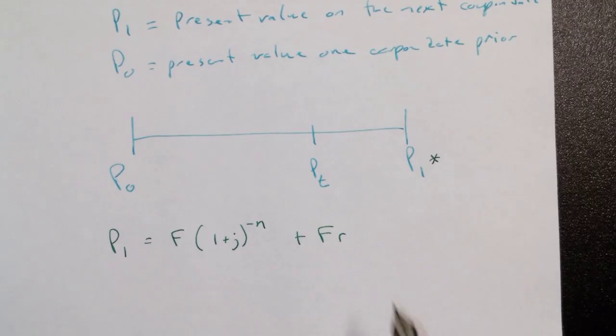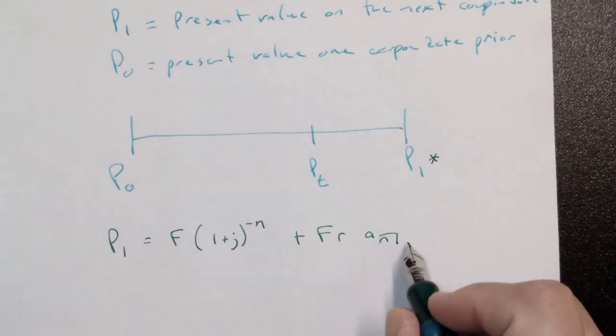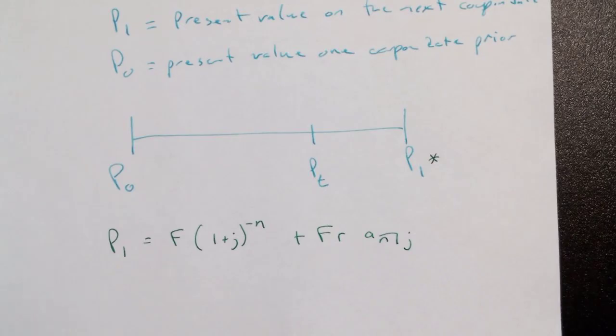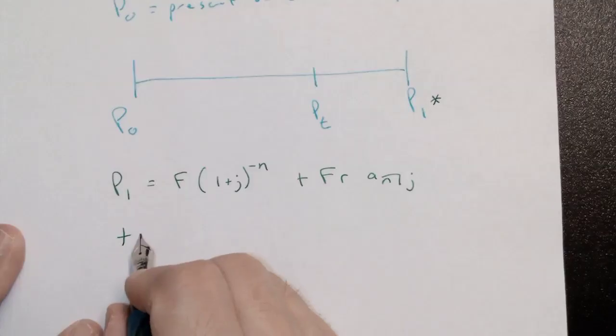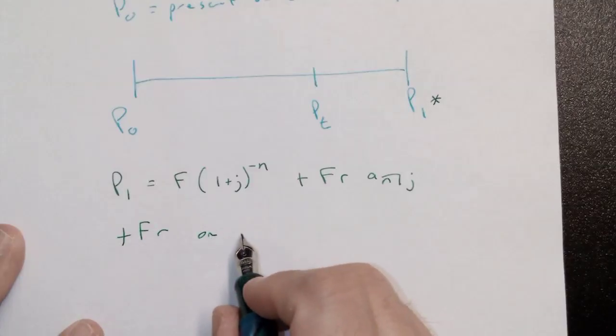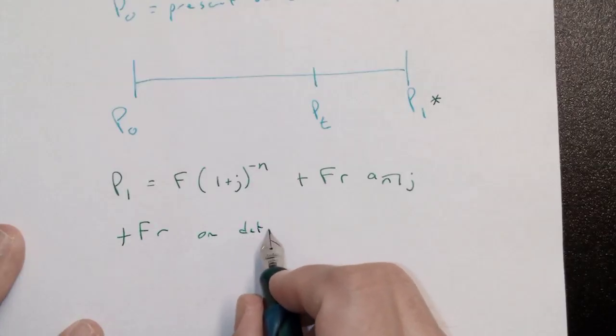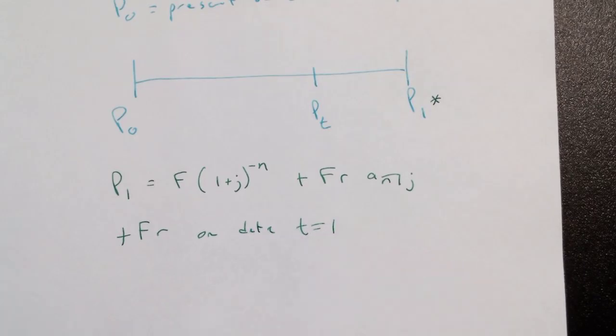And that's an annuity for however many are left times the yield value. That's everything after the coupon. I also need the coupon. There was also a coupon on this time plus FR on date T equals 1. Because we said you just got issued a coupon, right?